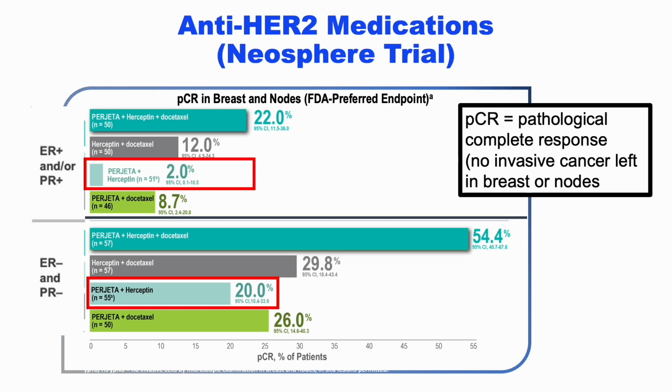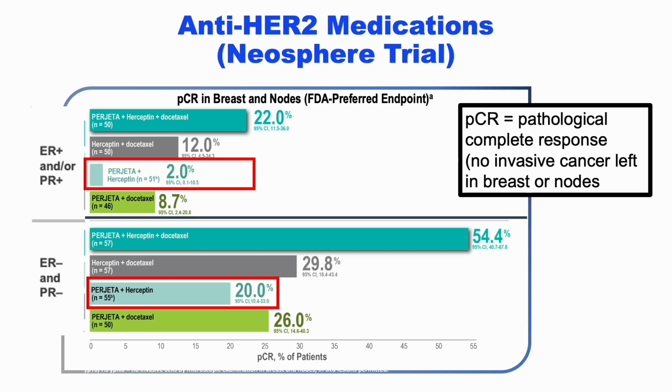However, in this study, some of the chemotherapy was given after surgery, whereas in the Trifina trial, all the chemotherapy was given before surgery. So in the Trifina trial, it was expected that the response rates would be higher. But again, in the Neosphere trial, some chemotherapy was potentially given up front, the rest was given after surgery.